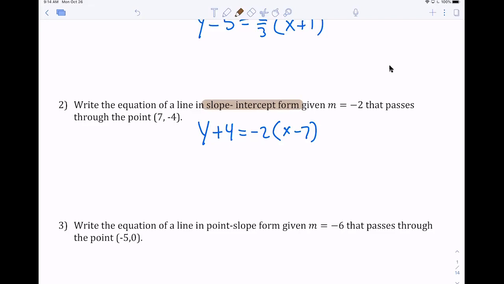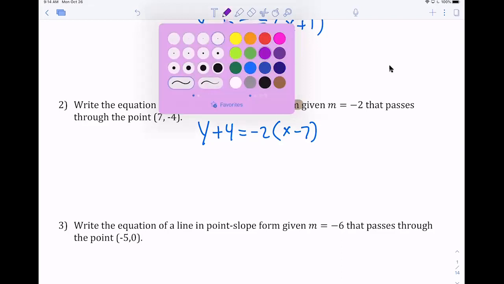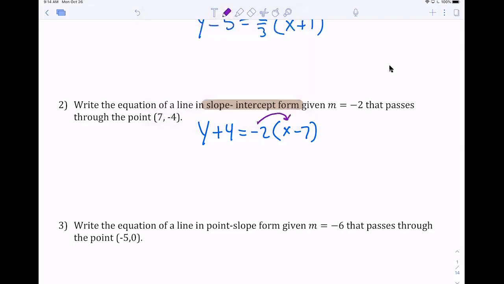To do that, all I have to do is distribute the -2. So y plus 4 equals -2x plus 14.